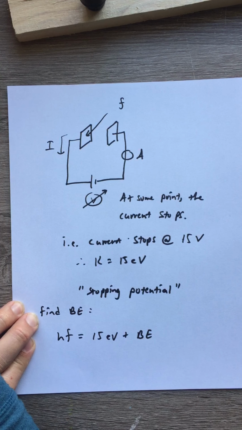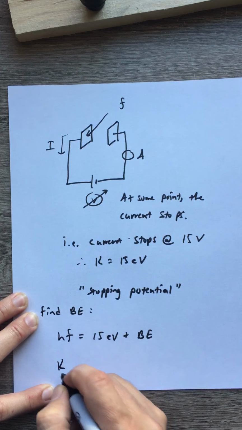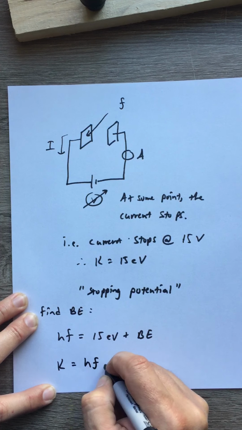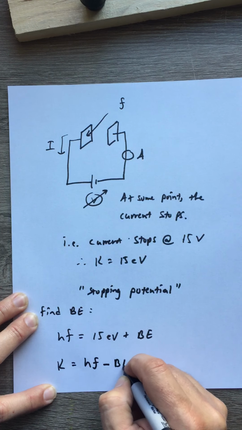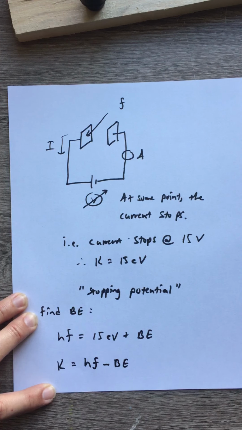This formula is written in the notation that your book uses. Kinetic energy is equal to hf minus the binding energy. I rearranged this expression.